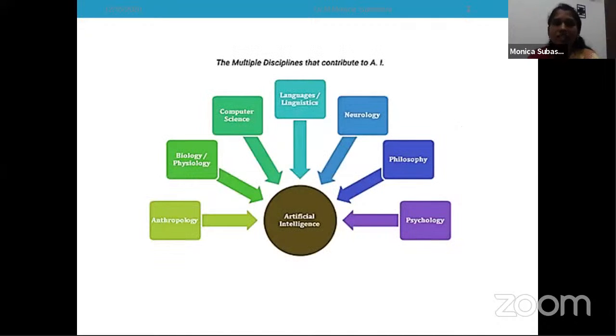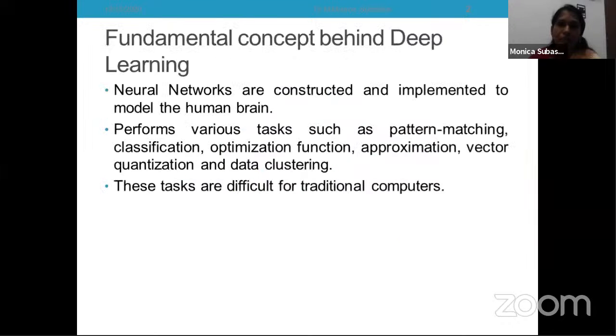We know about the disciplines that contribute to artificial intelligence related to the medical field. You can see biology, physiology, anthropology, philosophy, neurology, psychology, everywhere. Right now, there is a vast usage of artificial intelligence. And behind this artificial intelligence, what is the fundamental concept?